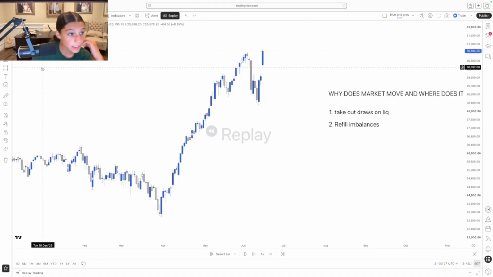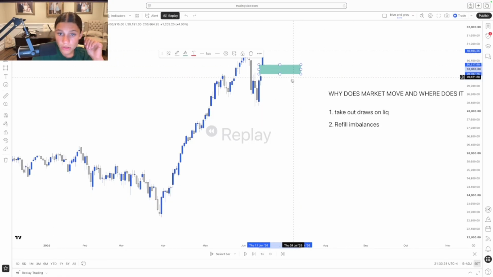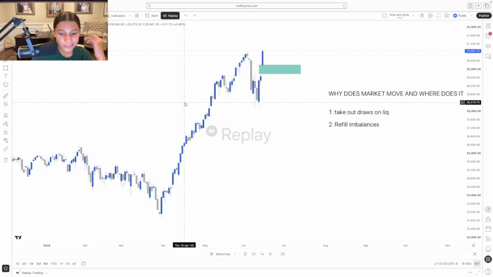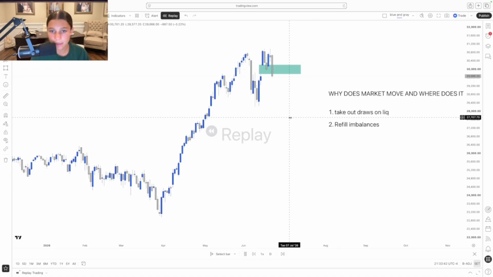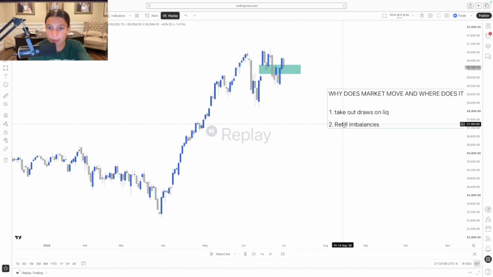What is price most likely going to want to do to fill this imbalance? Come down. And most of you guys probably could have just taken shorts like this. You should obviously always wait for confirmation, but that would have just banged TP every single time because you're waiting, obviously. Boom, right there. You just absolutely smack TP right there because you're refilling imbalances, right?